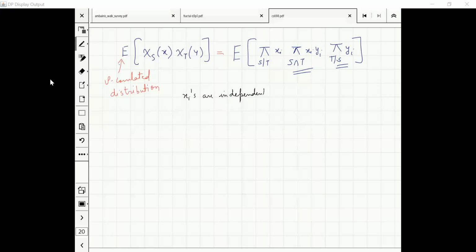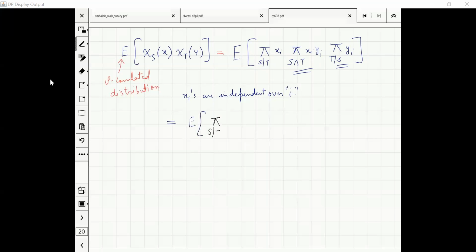That means if I look at x1 and x2, they are independent. I pick x1 separately and then x2 separately. There is no relation between them. That means the expectation will get multiplied. When events are independent, their expectation gets multiplied.